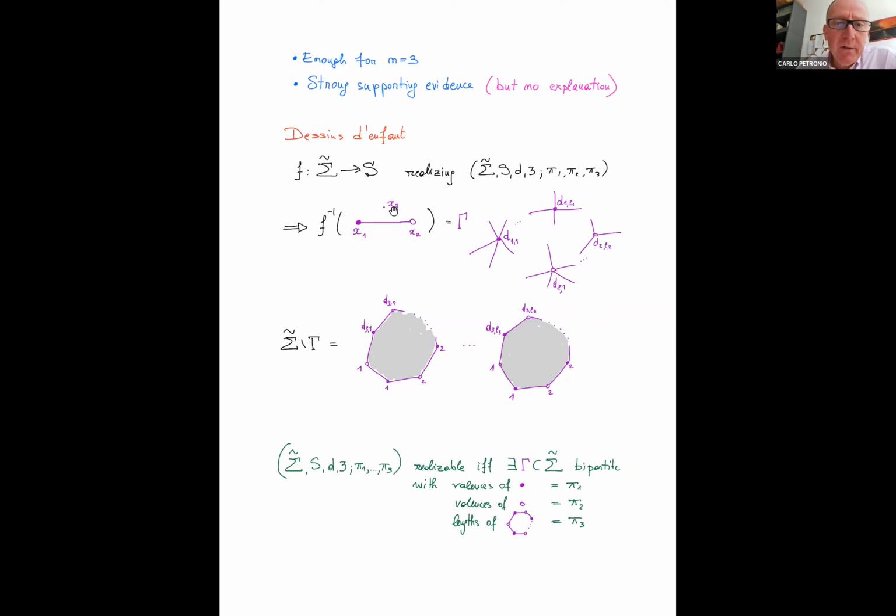So in the sphere, we call this vertex black because it's full, and this vertex white because it's empty.